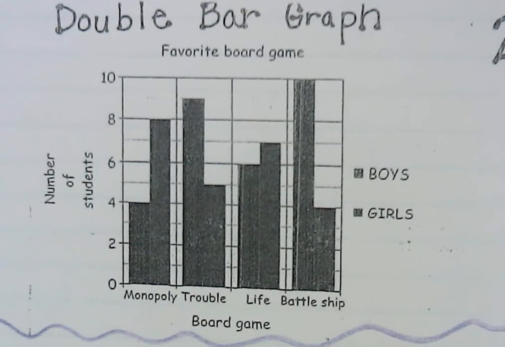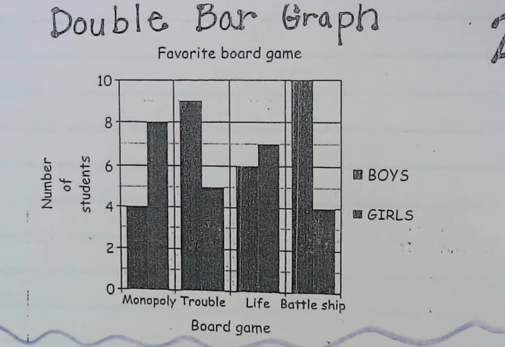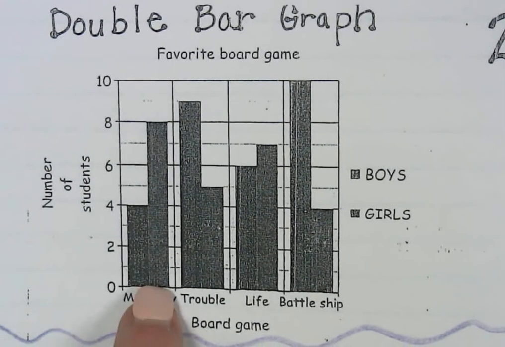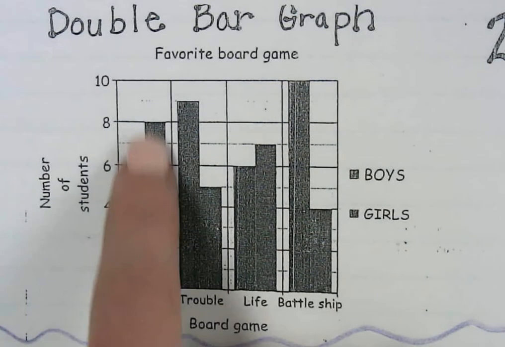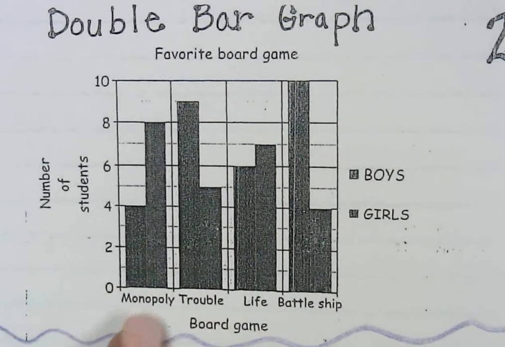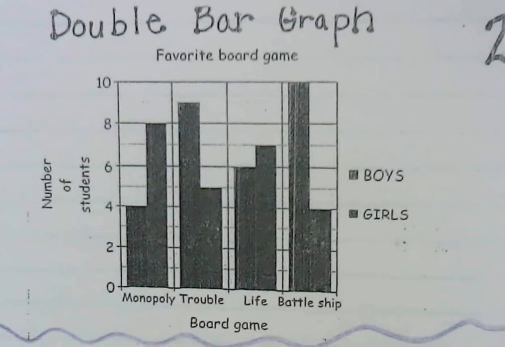So make sure you're careful when they're asking you how many students, or they might ask just for the boys or just for the girls. So a bar graph is just a way to be more specific with your data. Instead of just saying 12 people like Monopoly, they split it up and say, okay, well, there were 12 people that like Monopoly, but 4 of them were boys and 8 of them were girls.